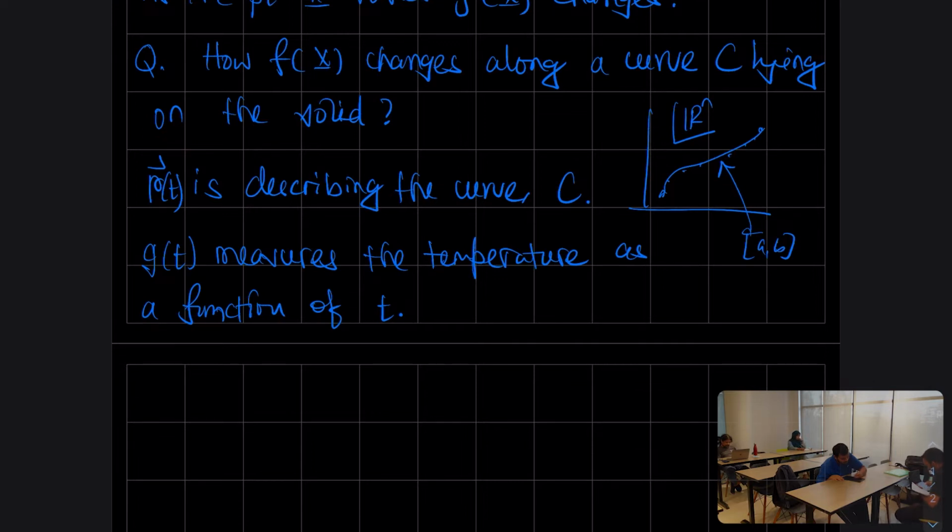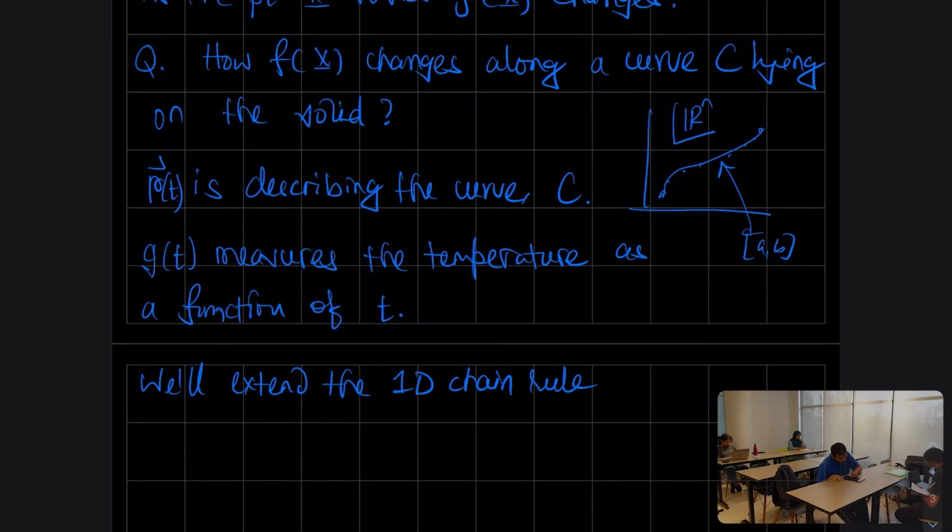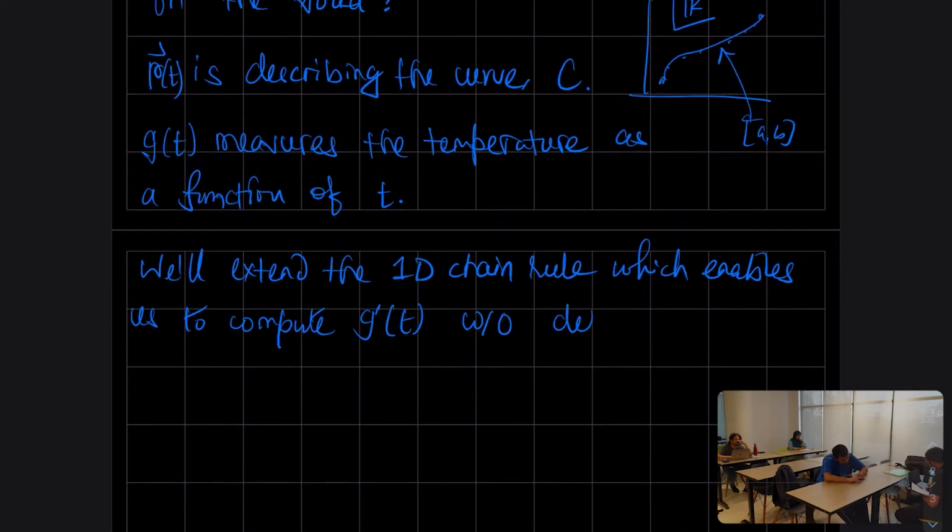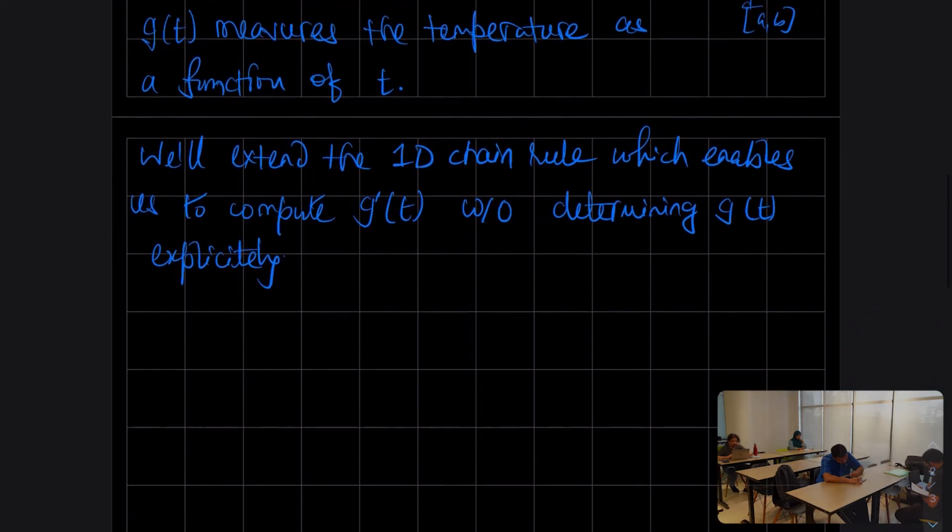So we will extend the 1D chain rule, which enables us to compute G prime of T without determining G of T explicitly.